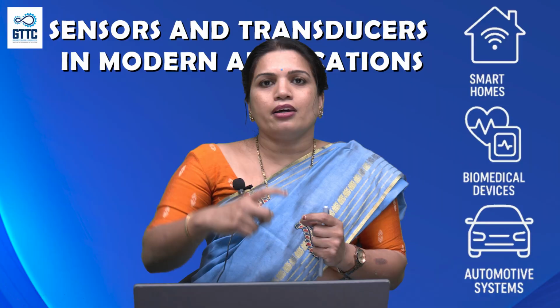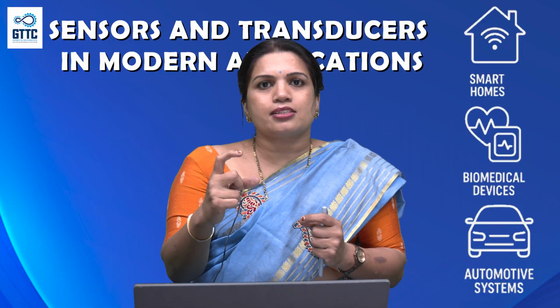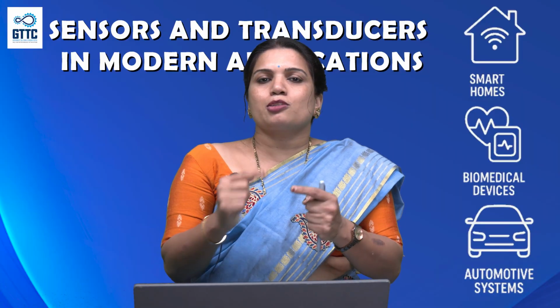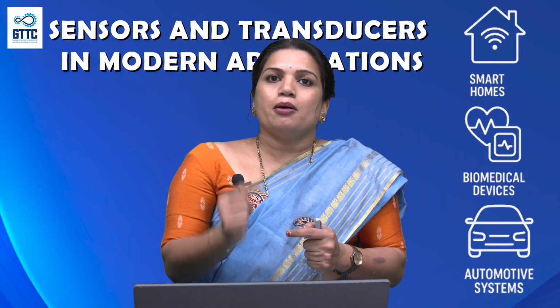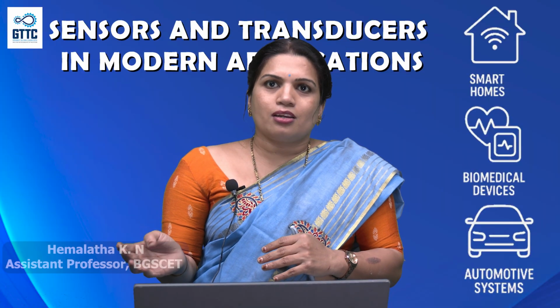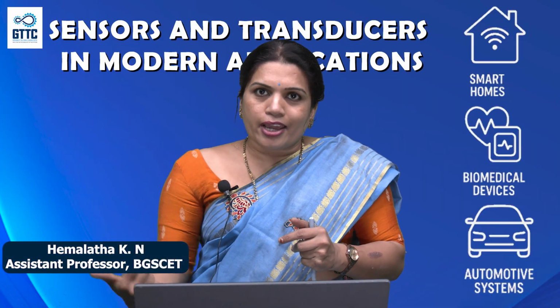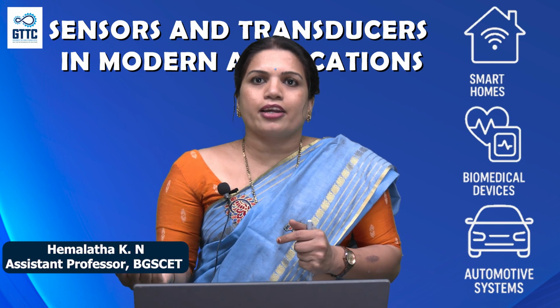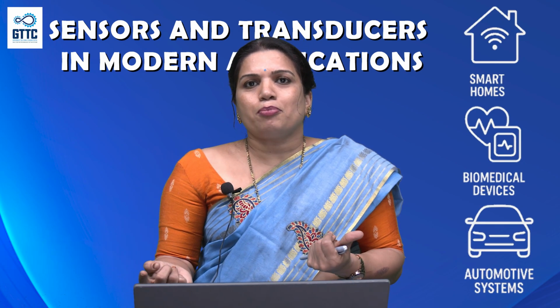The processor processes the electrical signals, which are in the form of zeros and ones, according to the program that has been written, and gives the output to the actuators. The actuators take the output and work according to the program.